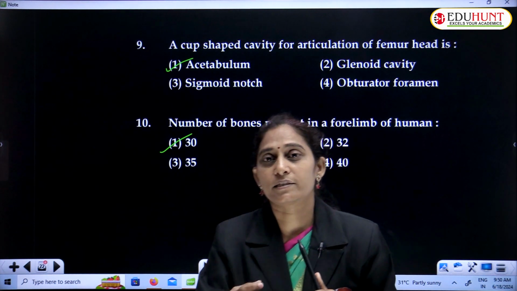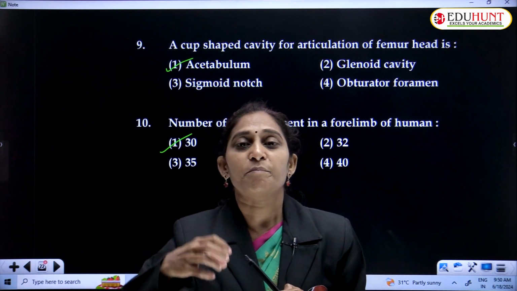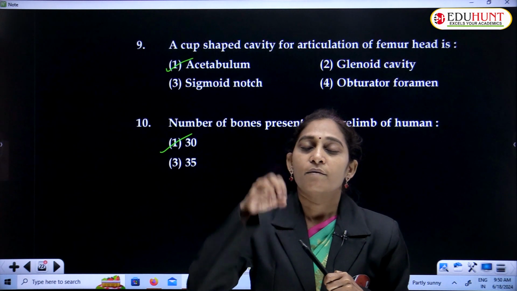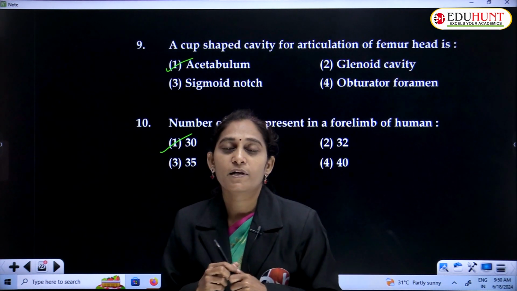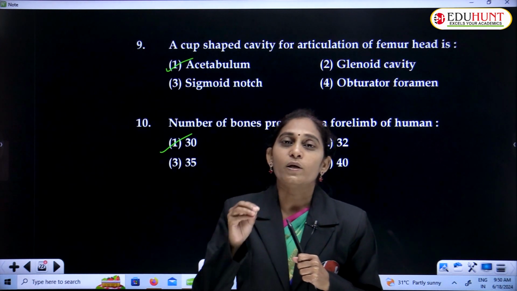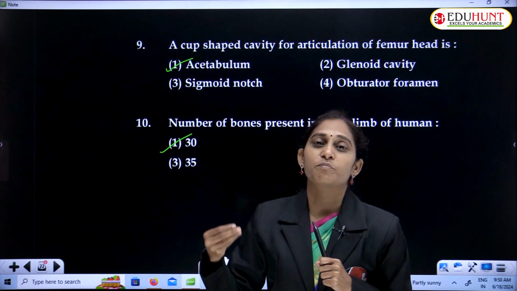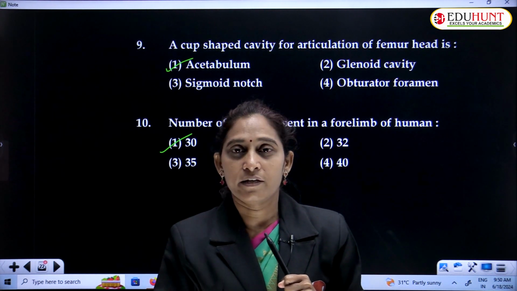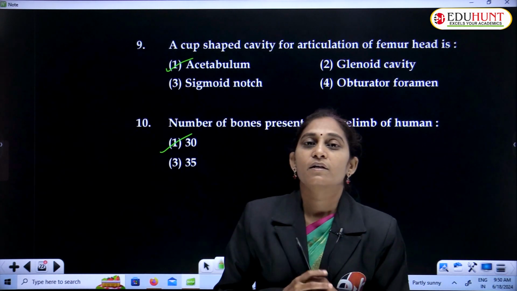All these appendages have a specific number of bones. The number must be remembered, and you should keep trying in reading, understanding the concept and remembering. The only tip is revision, that is practice. Practice makes a man perfect. All the best.